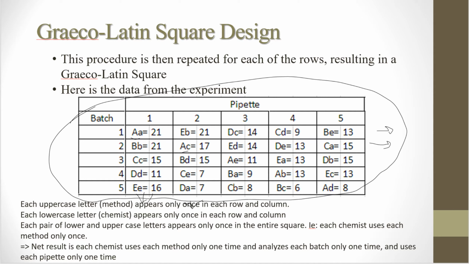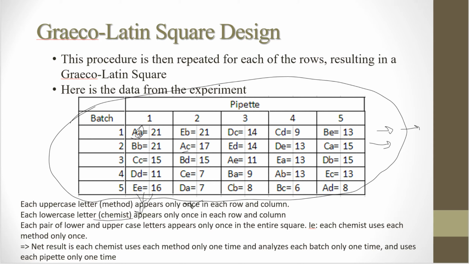In addition to that, what would typically be the Greek letters, in our case the lowercase Latin letters, represent the chemists. Those also appear exactly one time in each row and column. So you can see this lowercase a is the only a in this row and in this column, and you can go through and check it for all of them.